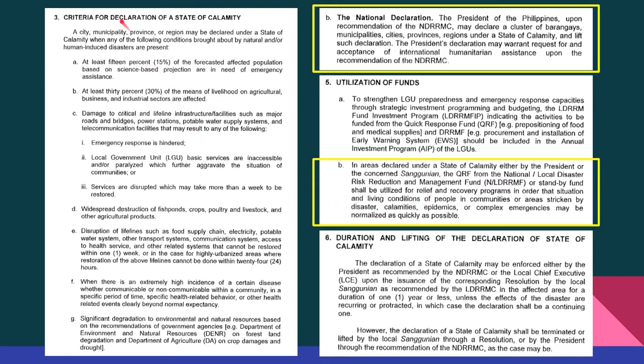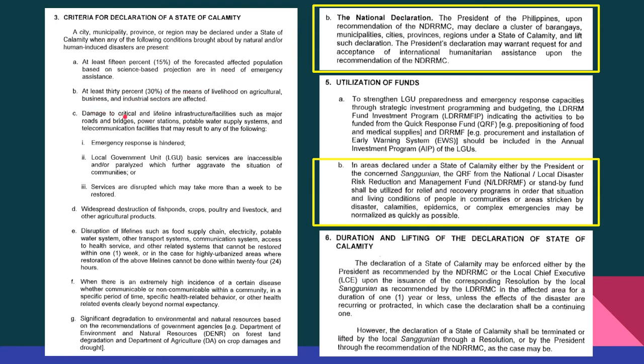So how do we know what are the requirements in order for a city or province or region to be declared under state of calamity? It says that if there's at least 15% of the affected population in need of emergency assistance, or at least 30% have lost their livelihood in terms of agricultural, business, and industrial sectors.